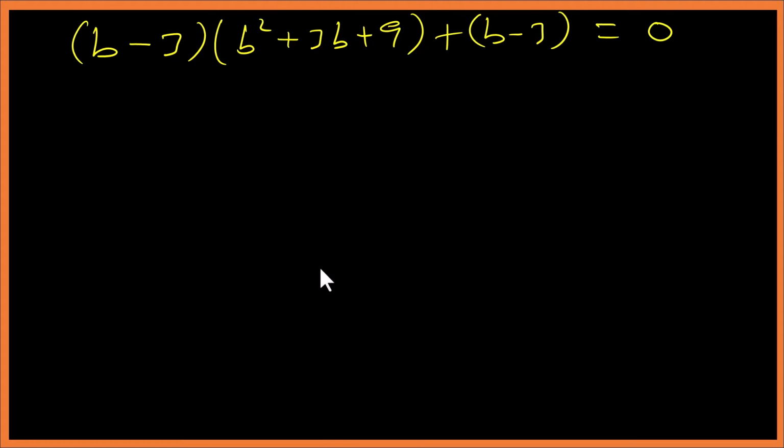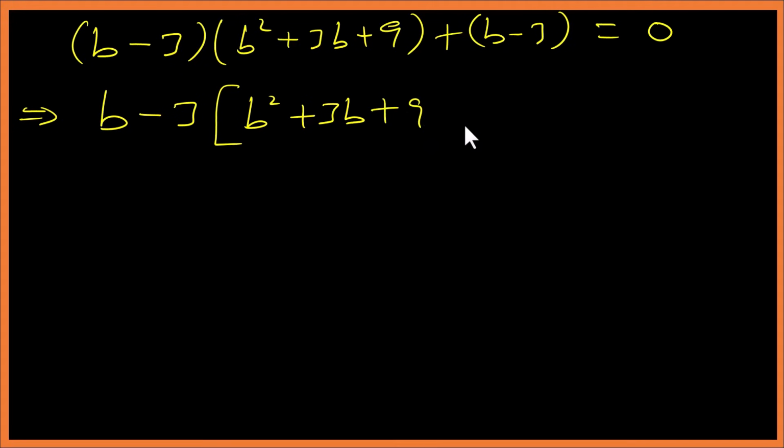Now remember, we have something in common here: b minus 3, b minus 3. So I can factor out b minus 3, and we have b squared plus 3b plus 9 plus 1 in the bracket.